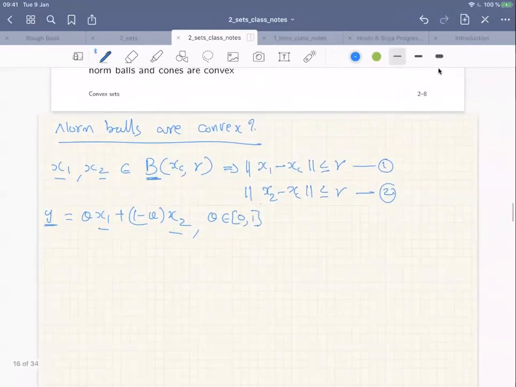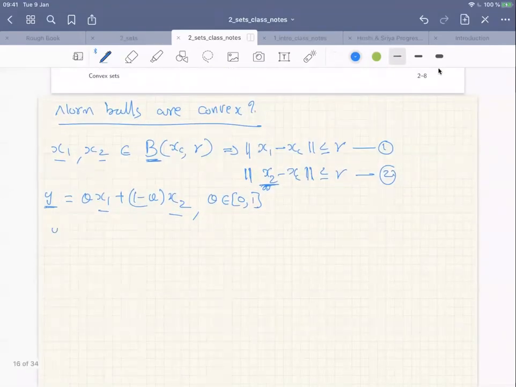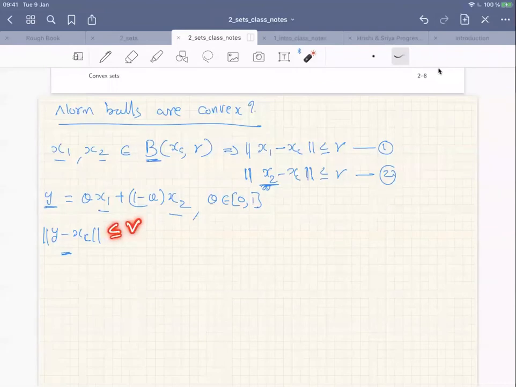For that, we have to consider the criterion from the definition of the norm ball. So we will check whether the norm of y minus xc is less than r. If this is less than r, then we can say that y is in the norm ball, right? Let's see what this is.